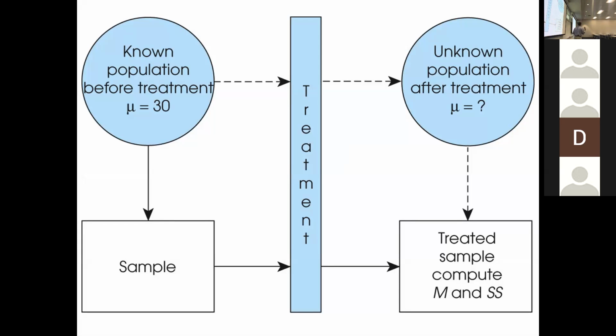So let's say we know beforehand what a population's risk of getting COVID is, but we don't know afterhand, after they get the vaccine, what their risk of getting COVID is. And so we're going to take a sample from everybody that's gotten a vaccine and then try to estimate the mean. And from there, we'll have that estimation, that degree of uncertainty.